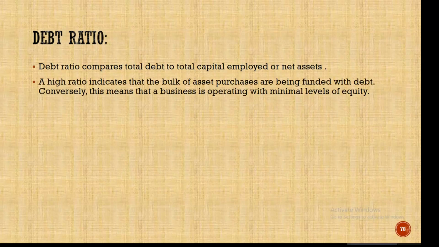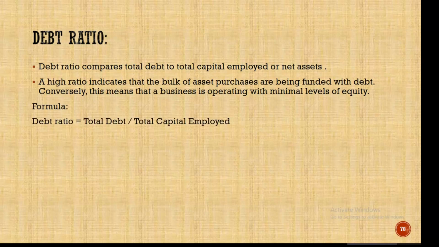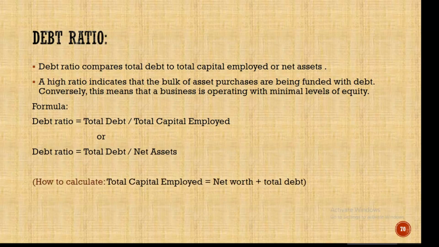A high debt ratio indicates that the bulk of asset purchases are being funded with debt. This means that a business is operating with a minimum level of equity. The formula for calculating debt ratio is total debt upon total capital employed, or total debt divided by net assets.